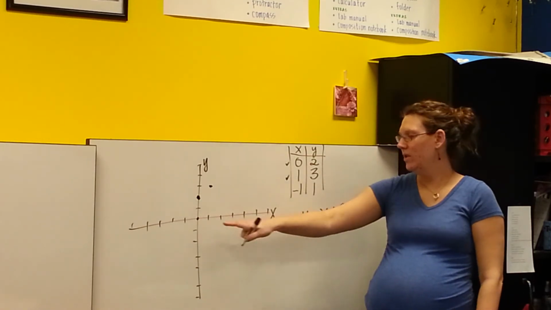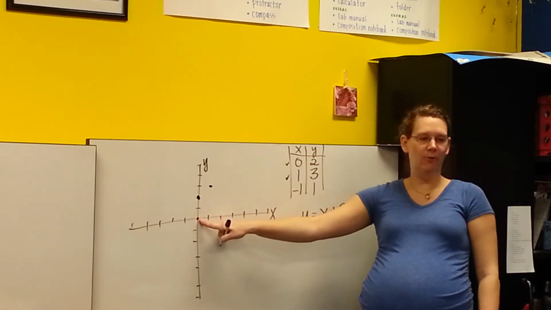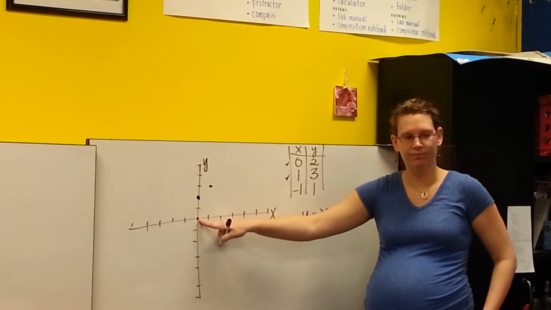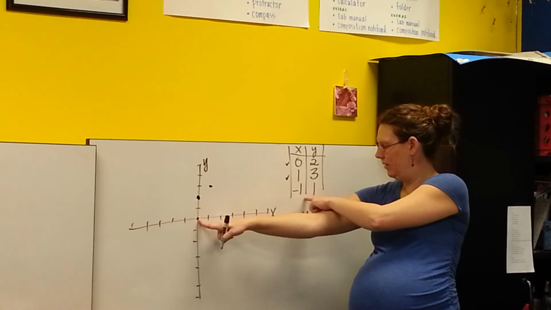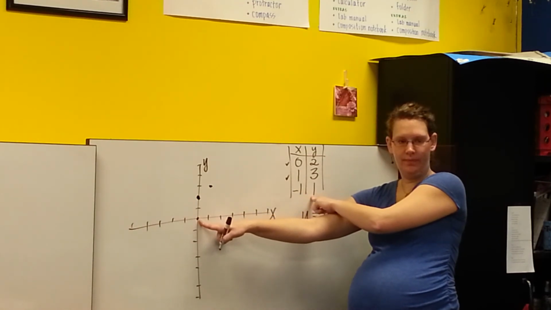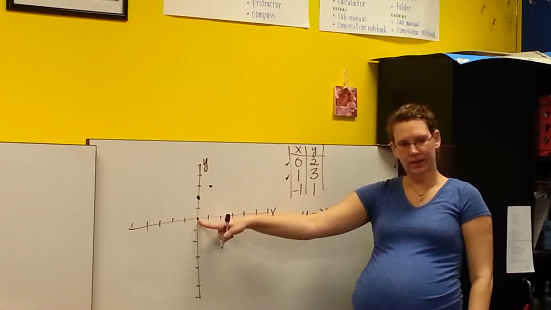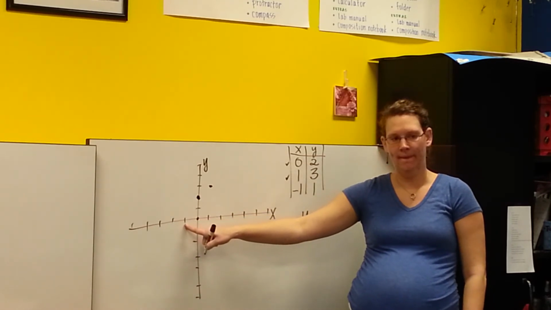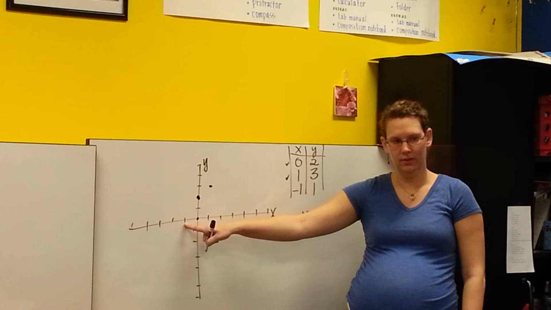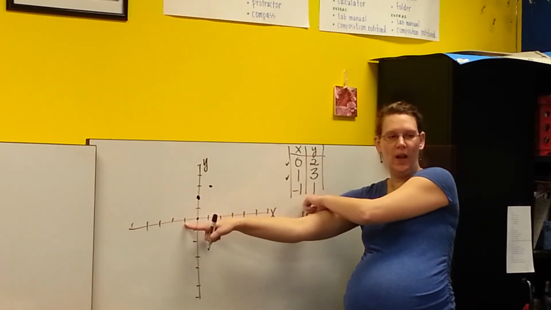To the 0. And then it says -1, 1. So which way do I go first? Over there. Okay, how many? 1. So I go -1, and then what? Plot it. -1, 1.